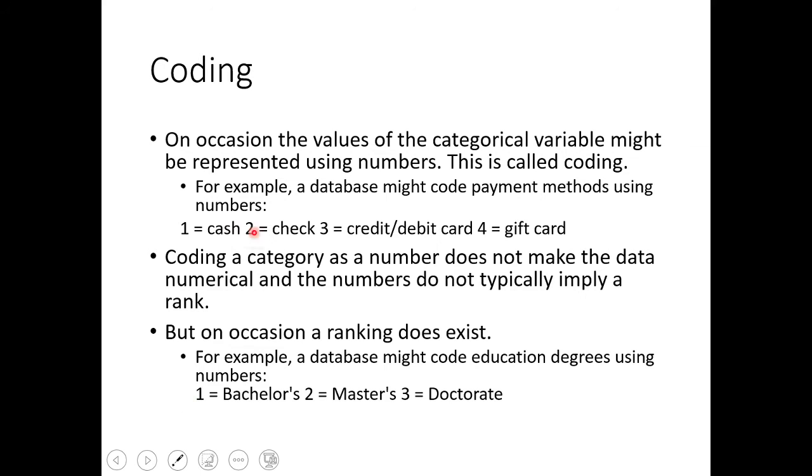But sometimes the number has ranking meaning, and then we can give numbers such that the smaller a number is, the less educated, and the larger, the more educated. So it is ranking coding.